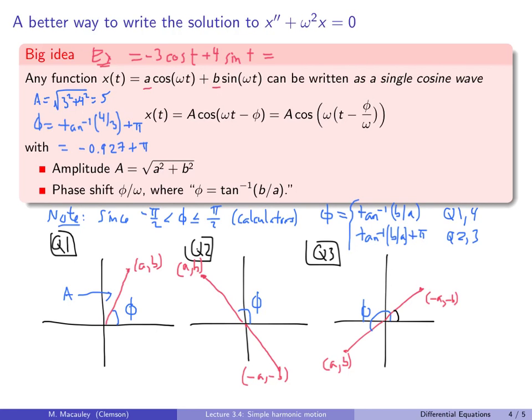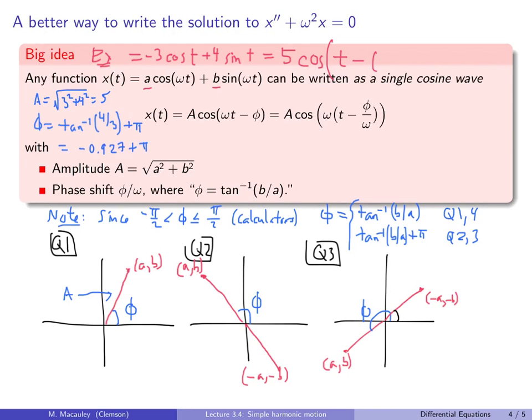Okay, so now we can say that this function that I gave you is equal to 5 cosine, and I made it easy. I didn't change the frequency. The frequency is just 1. So cosine of t, minus, and then let me just add this number in here, whatever the heck that is.